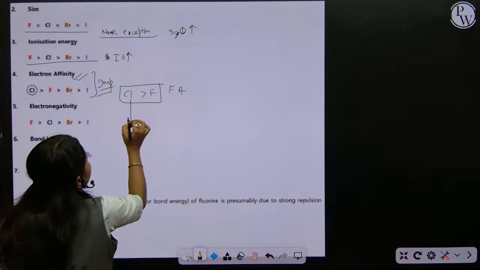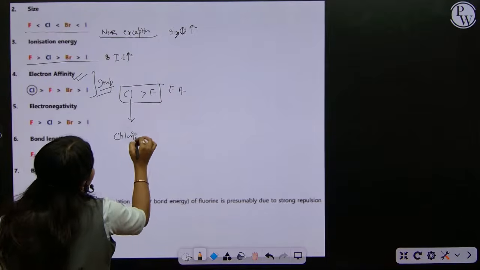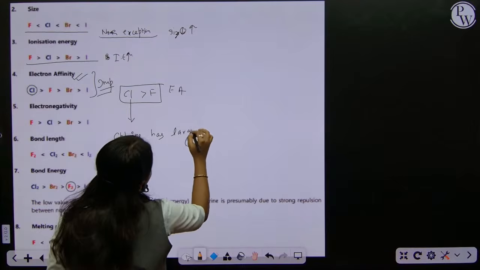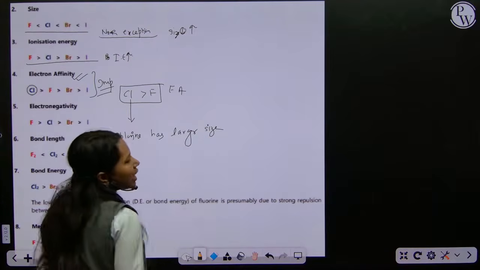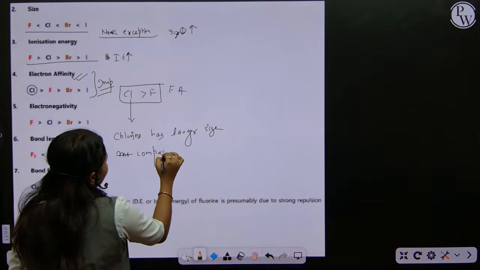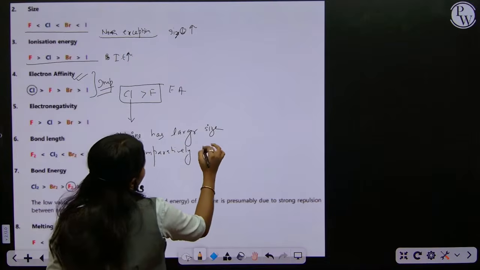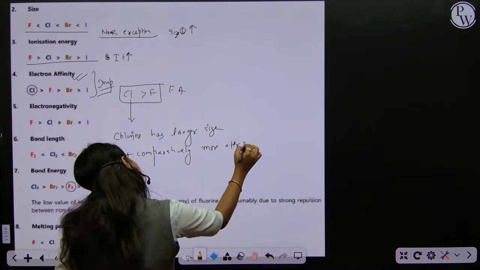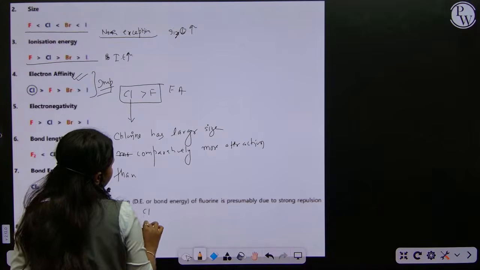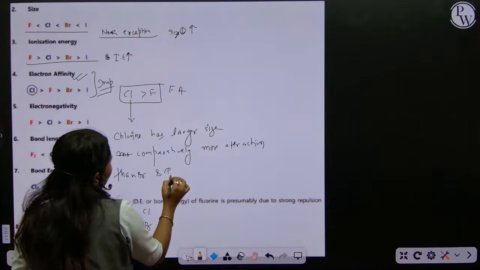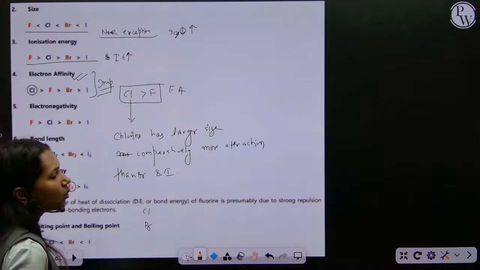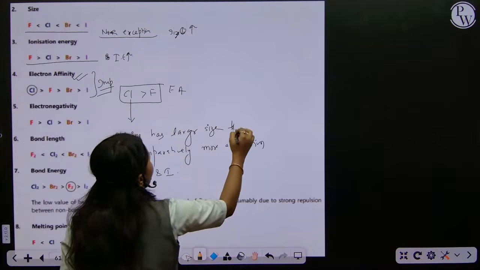The reason being chlorine has larger size than fluorine, comparatively more attraction than bromine and iodine.